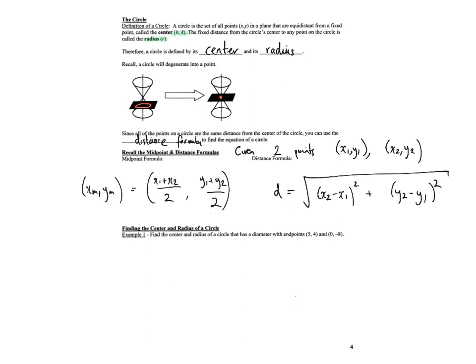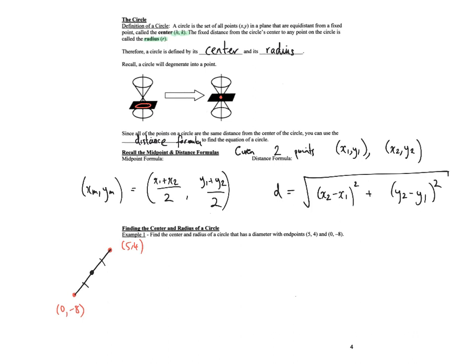So as a basic application to see how these formulas are useful, let's look at this example 1. We're told that a diameter of our circle has endpoints 5, 4 and 0, negative 8, and we're asked to find the center and the radius. Well, remember, a diameter is a line that passes through the center of the circle, so the center is going to be the midpoint of that line segment.